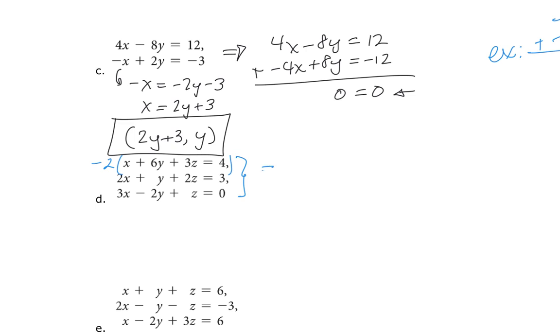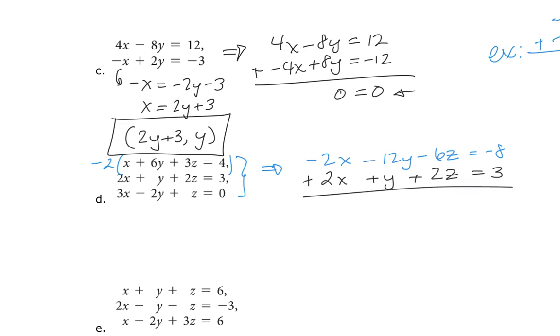So this becomes negative 2x minus 12y minus 6z is equal to negative 8. Then my second equation did not do anything, so I'm going to do 2x plus y plus 2z is equal to 3, and I'm going to add these two equations.